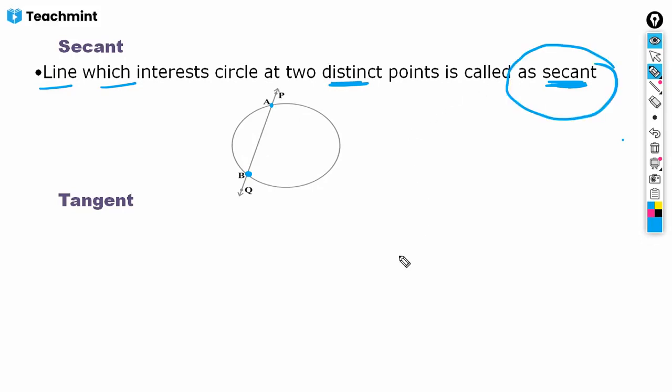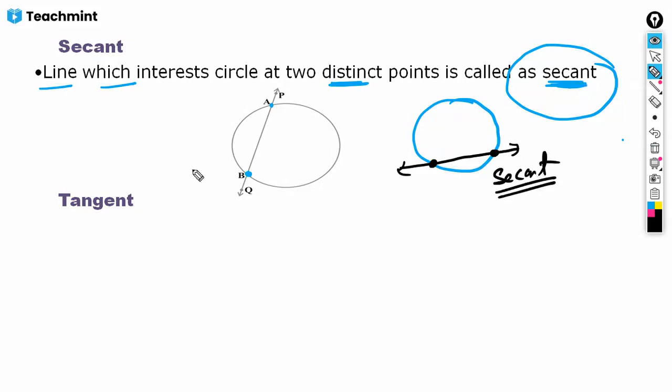If there is a circle and a line is intersecting it at two different points, such a line is what we call a secant. Hope you are clear about this secant definition. Do you know about secant? Yes, sir. Okay, very simple. It is intersecting at two distinct points. Distinct means different.